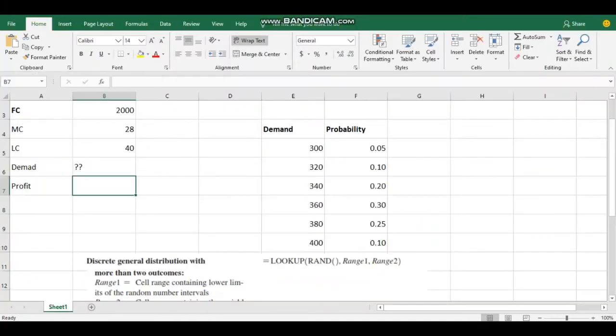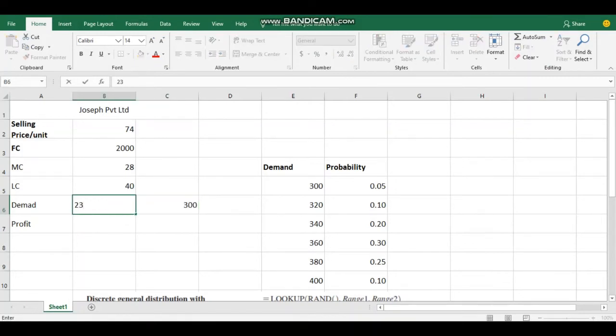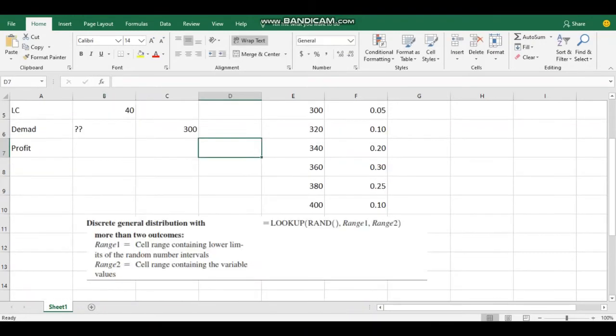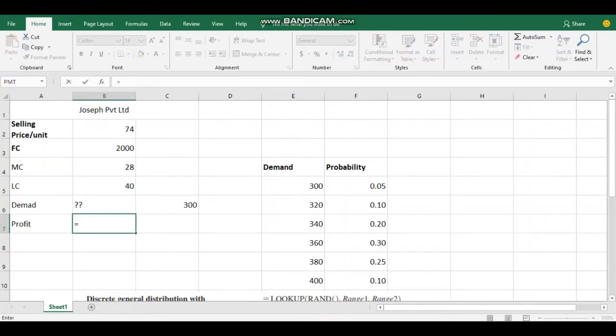Normally, if they have given a demand, say 300, you write 300 here, but it is not sure. It keeps varying based on the probability, so we have to simulate that. Now, how will you calculate profit here? It's very simple.